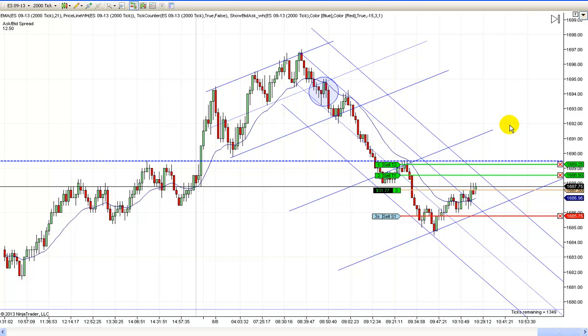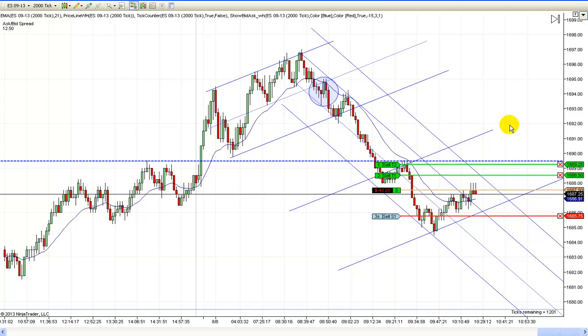So you don't want to sell yourself short, but at the same time, you want to play the trade smart. We'll just let it play out here.